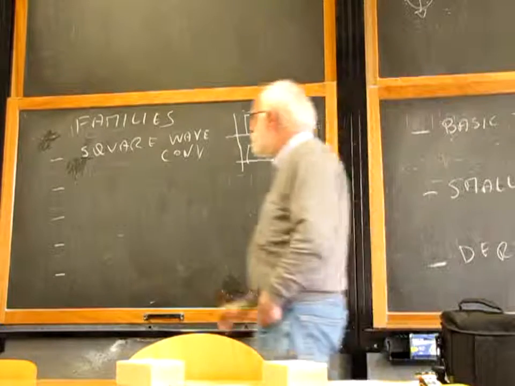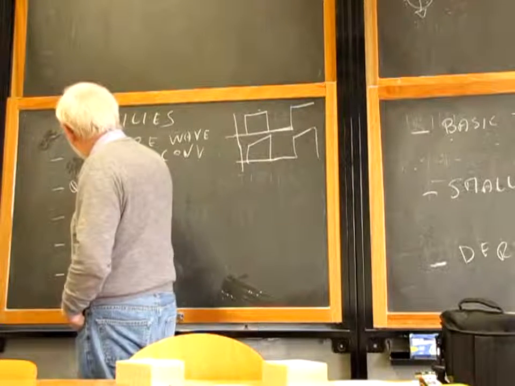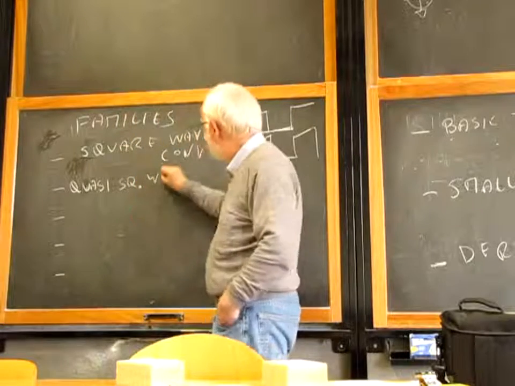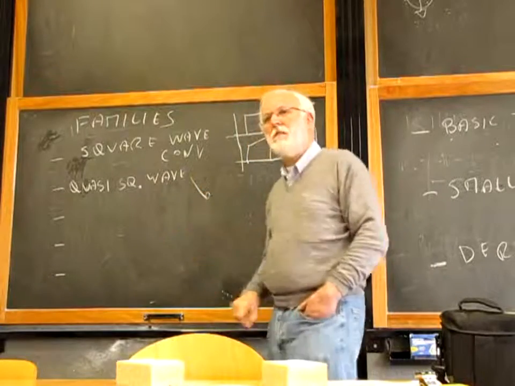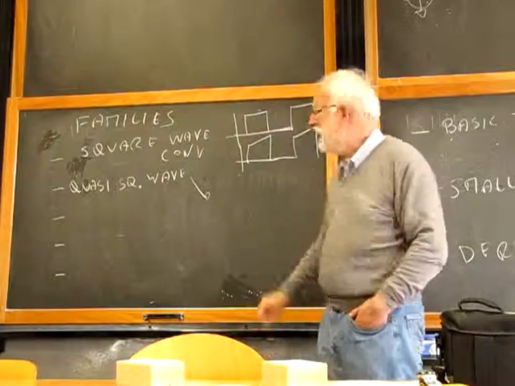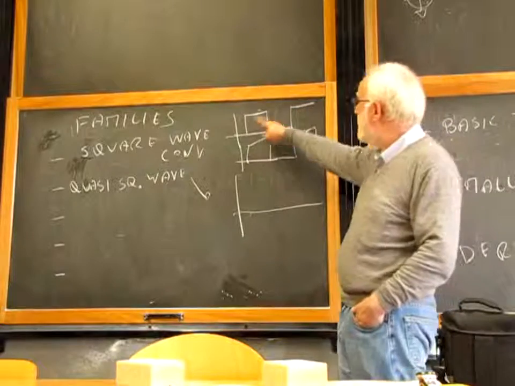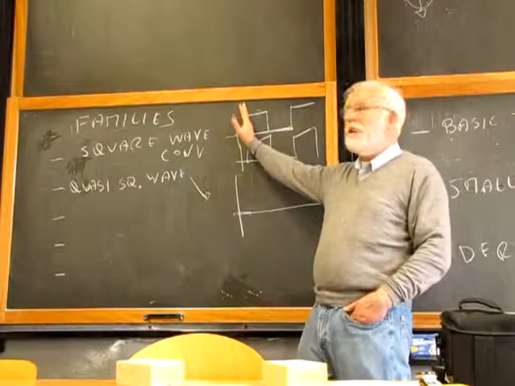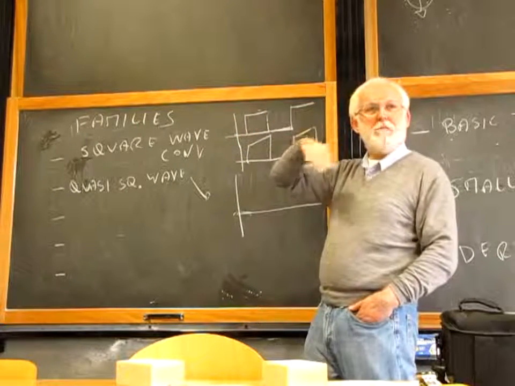Then you have a quasi-square wave, also called resonant transition. It's basically a square wave converter that has square wave voltages in it, but the transitions, instead of being steep edges, are resonant, are part of a sinusoid.